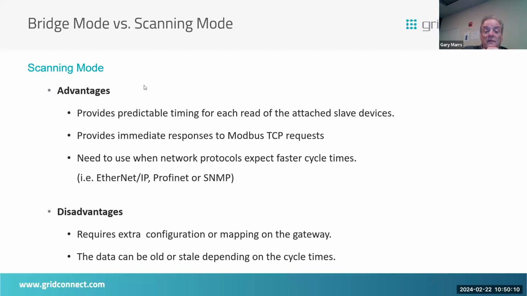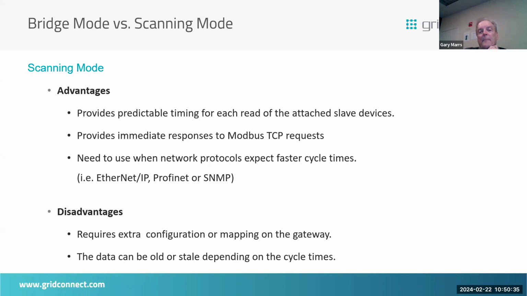It does have a slight disadvantage. There is some extra configuration or mapping required on the gateway. And there is an issue of timing here as well. The data can be older or stale depending on the cycle times with which it last read the slave data. So the data could be a little older than maybe you would get with bridge mode.